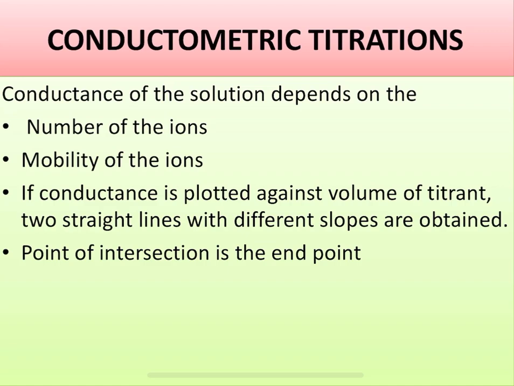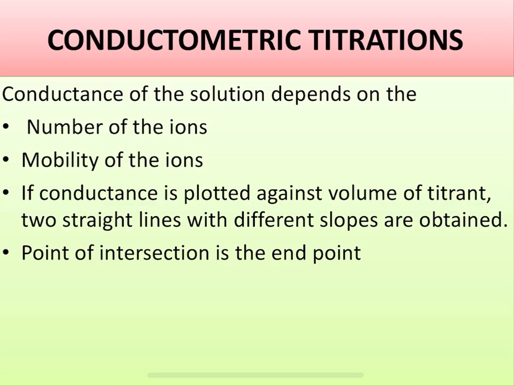The whole setup is made in a Kohlrausch bridge, but you need not worry; the latest instruments we use for measuring conductance are digital conductometers. You just plug in the conductivity cell and switch it on.